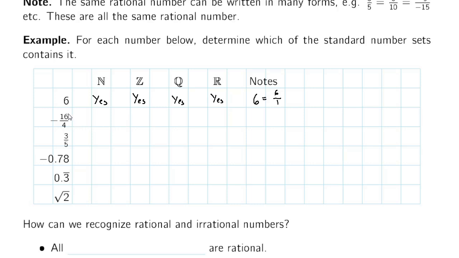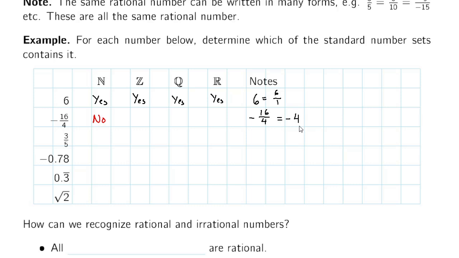Okay, what about -16/4? Well, that's not a natural number because it's negative. Is it an integer? Well, if we think of this fraction bar as indicating division, right? This is 16 divided by 4 and then make it negative.